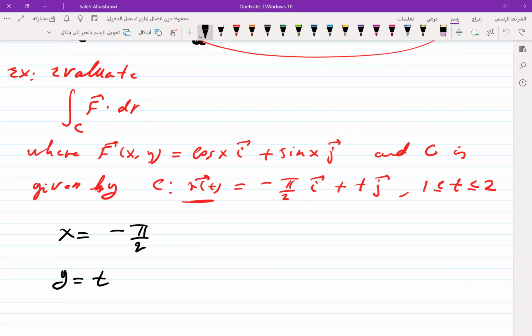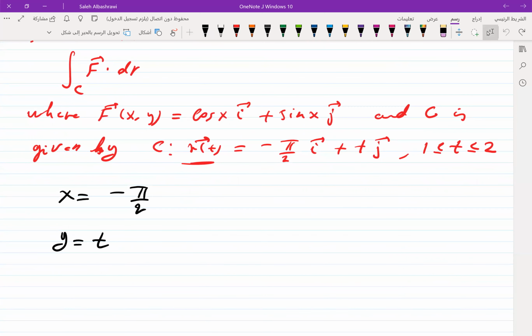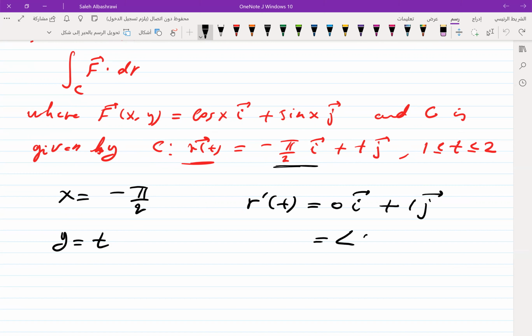And the derivative of the vector function r of t is equal to, differentiating the first one with respect to t, 0, plus 1j, or it can be written as (0, 1).